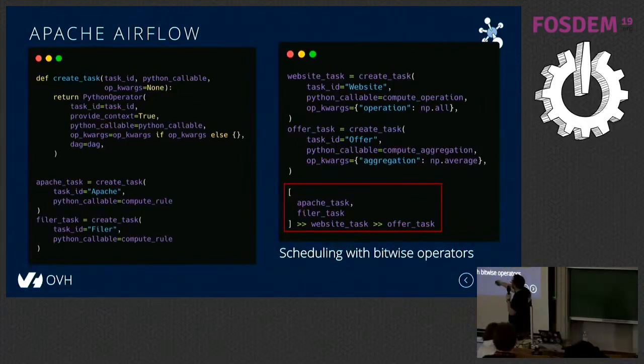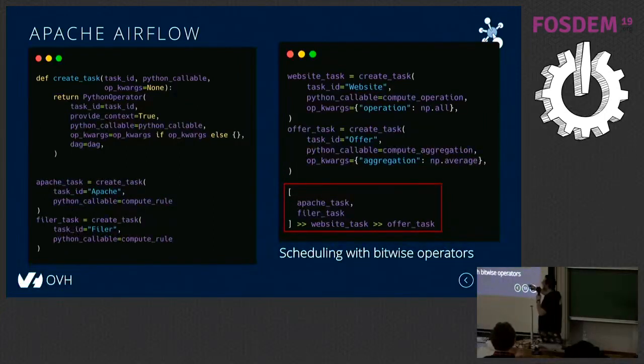I create my task here using the Python operator, and the Python operator provides me an attribute named python_callable. In this case, the Python callable is compute rule, operation, and aggregation. Okay? A cool feature of Airflow is that a DAG can be created dynamically using Python code.